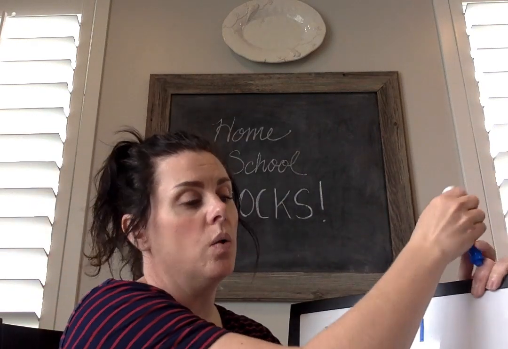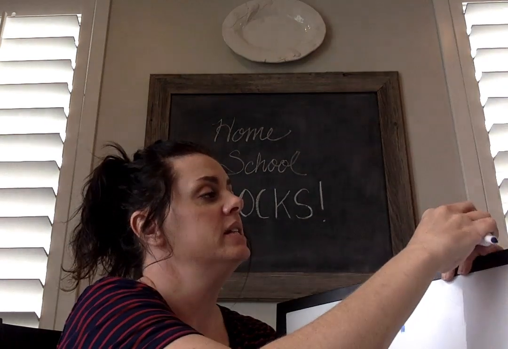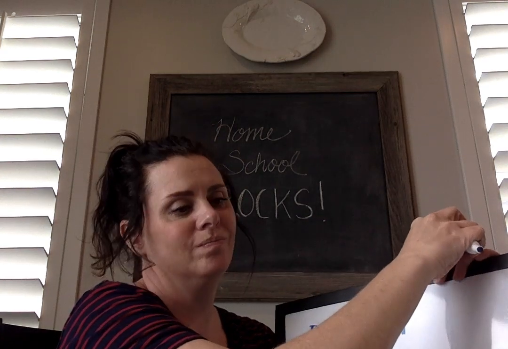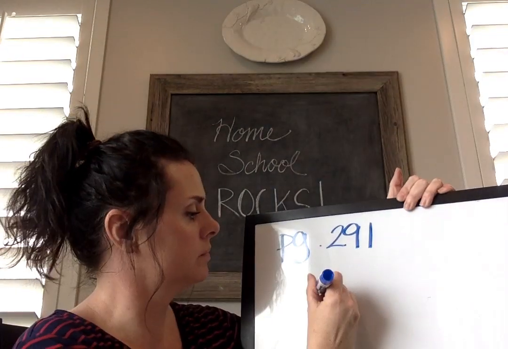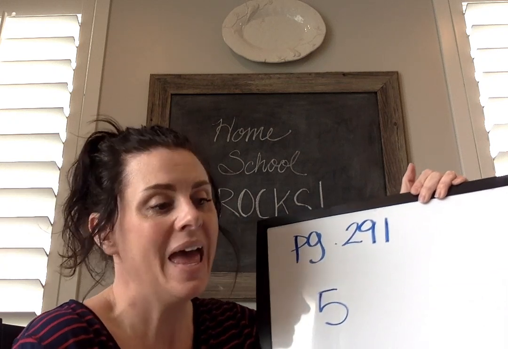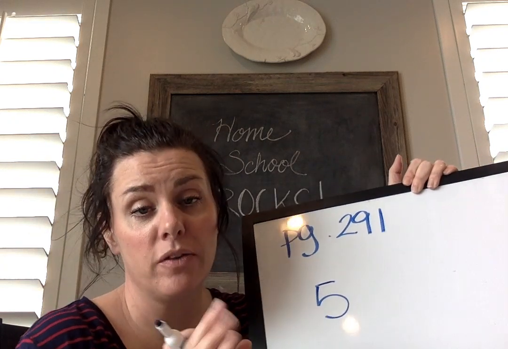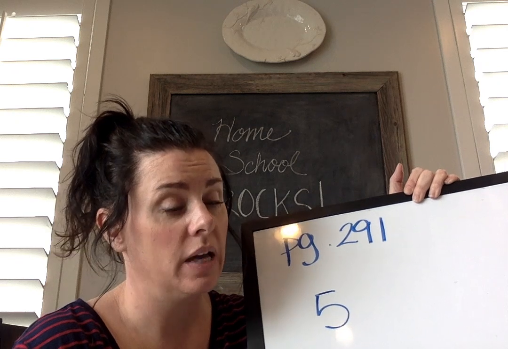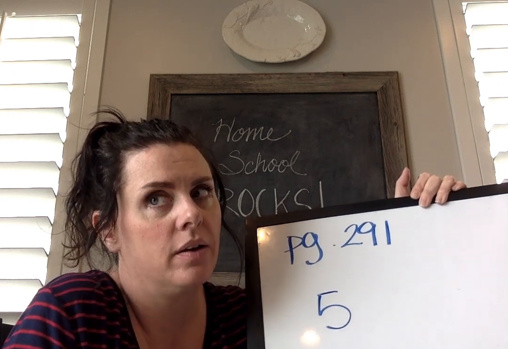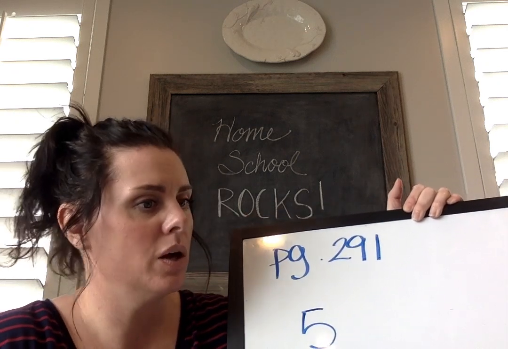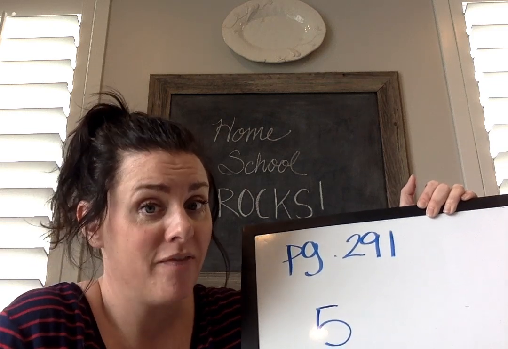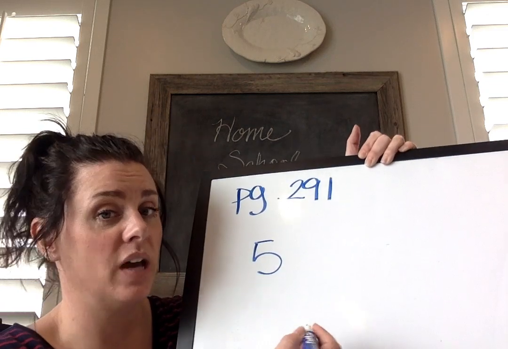Okay, so we said that it had to start with 5, right? And it says that we have to write the first 5 terms, and that each time we're going to add 5. So basically, we're just counting by 5s, right? We're going to add 5 each time. I start with 5.